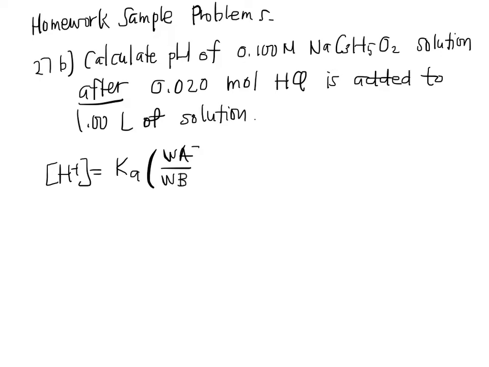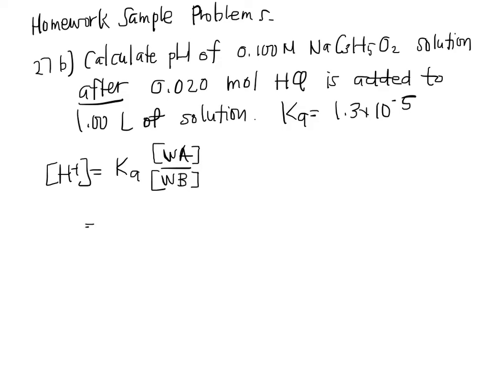It could be in brackets, but we're going to change it over to moles in a little bit anyway, so I'll keep it in brackets here. The Ka was given to us as 1.3 times 10 to the negative 5. So this is how I'm going to start this whole problem out.